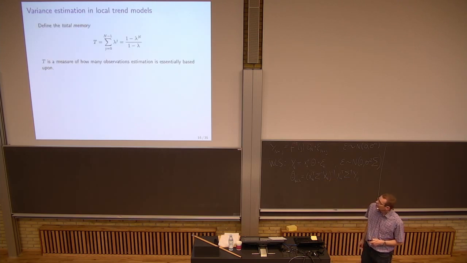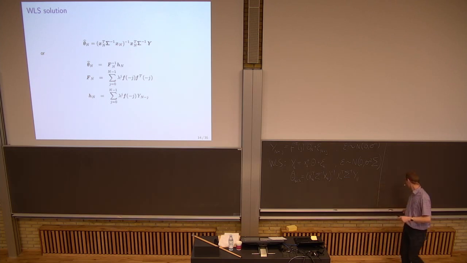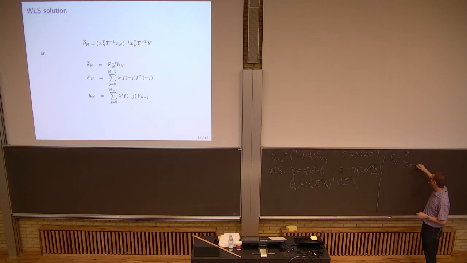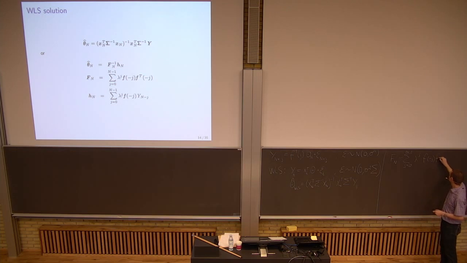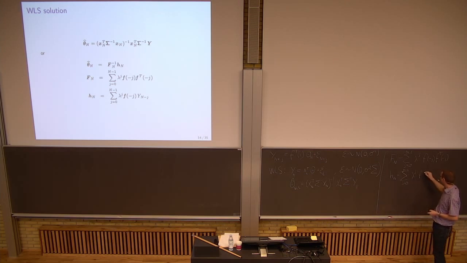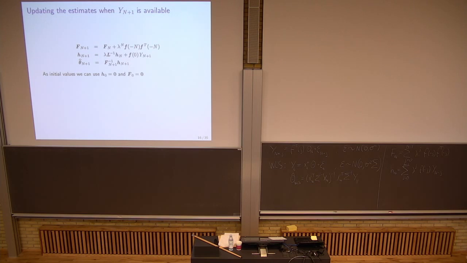If we go back and look at the expressions that we have here, then we have Fn, which is equal to the sum from j equals 0 to n minus 1 of lambda to the j power f of minus j f transpose of minus j, and we have hn equal to the sum over the same elements, j equals 0 to n minus 1, of lambda to the j power f of minus j, and then we have y n minus j. So that's the definition of these, and here we are again.